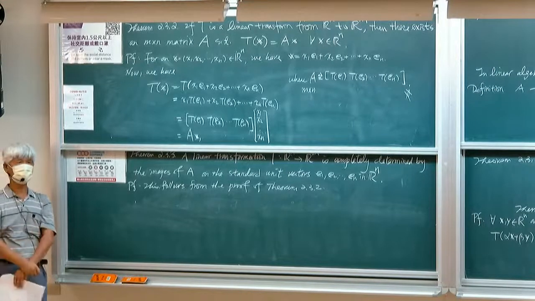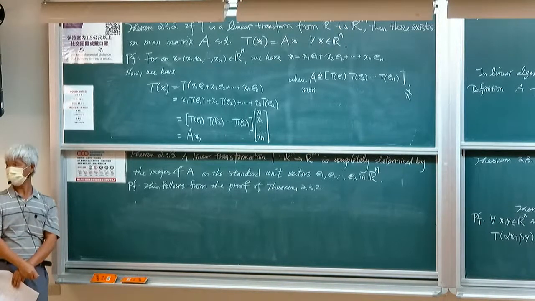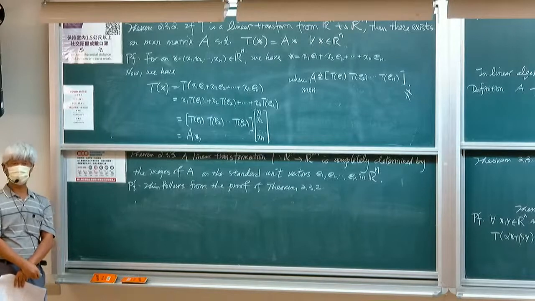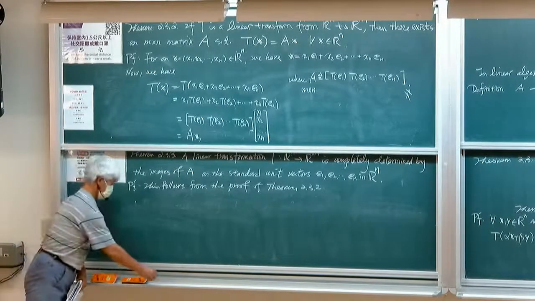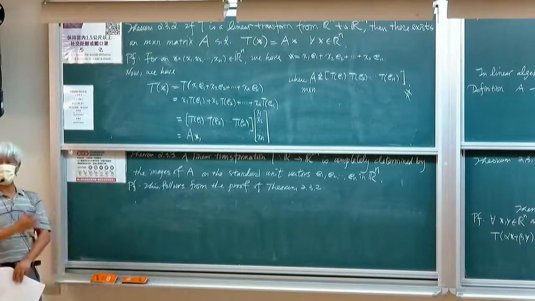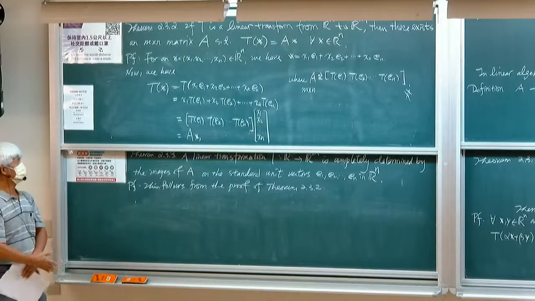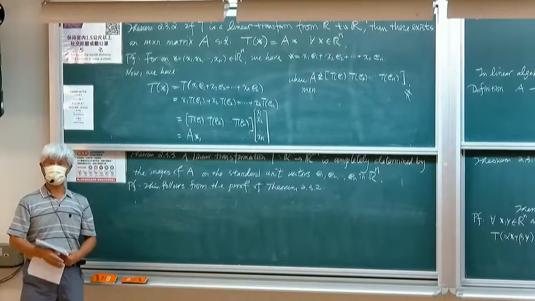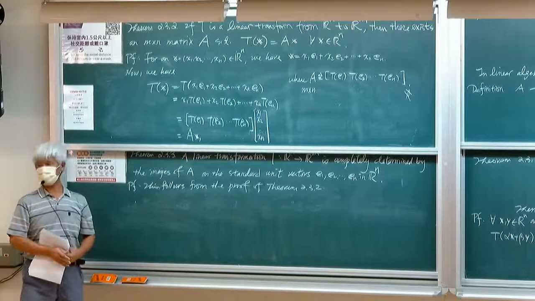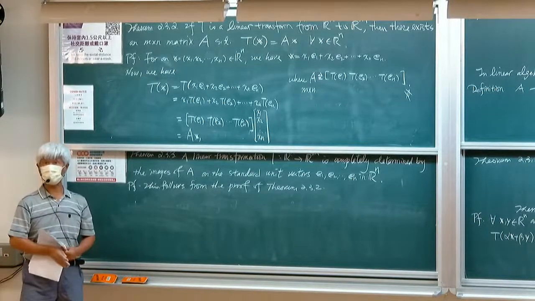So do you have any questions up to now? All right, so up to this point, we know how to characterize an arbitrary linear transformation from Rn to Rm, right?